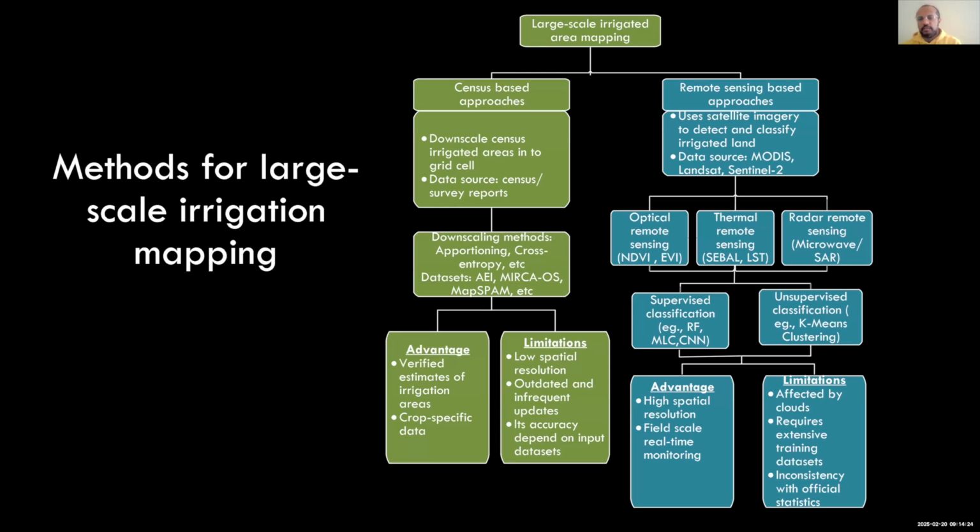Remote sensing is the process of collecting information about a target object without being physically in touch, but rather using a sensor and collecting the amount of energy reflected or emitted from the target object.